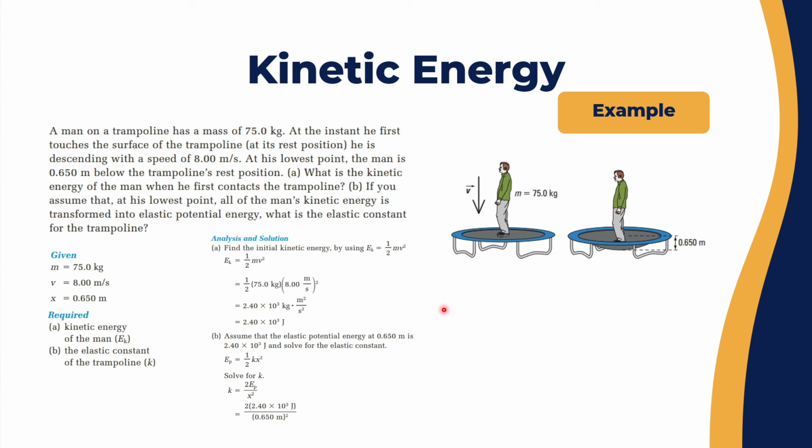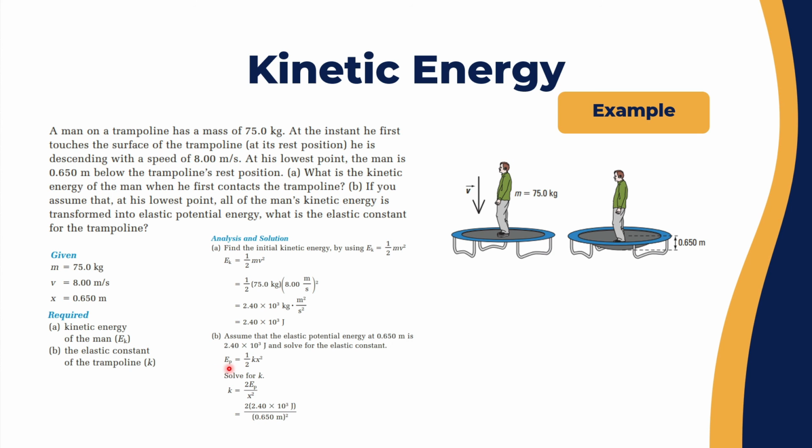The elastic constant, for the potential energy, is K. So what is the E potential? 1 over 2 times K x squared. We have x, and based on what is given, the man's kinetic energy is transformed into elastic potential energy. It means in this case that kinetic energy equals potential energy.